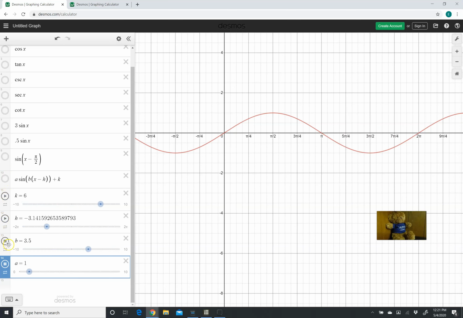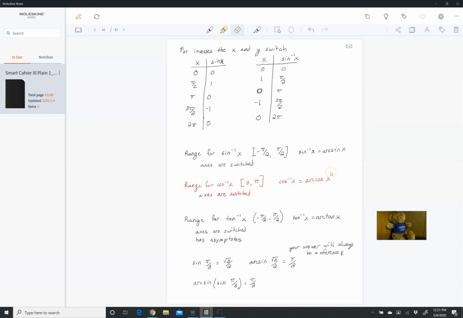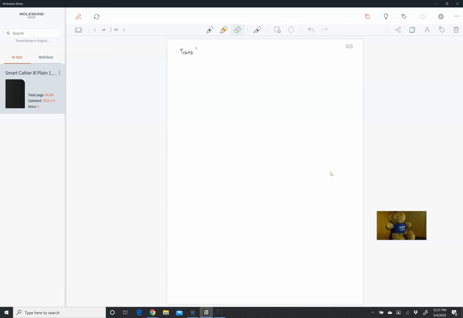Okay, so let's write down everything that we said. Okay, I think we'll be able to make it. Transforming, and everything that we say for sine is true for cosine. So it would look like this: A times the sine of B, and then you have x minus h plus k.